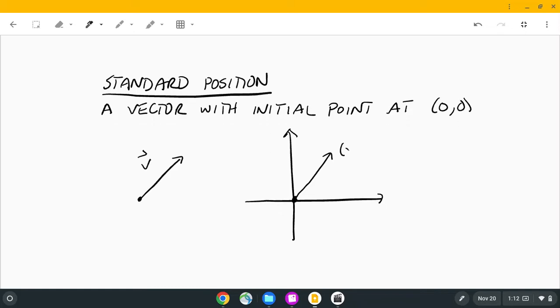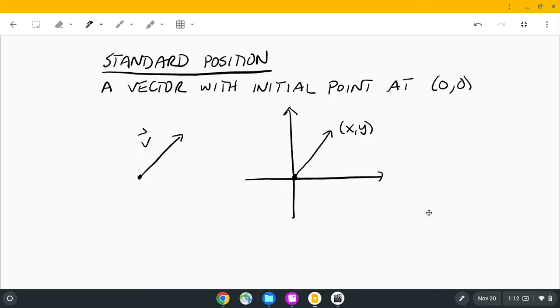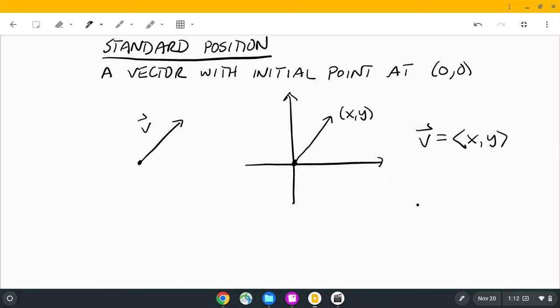And so now there is just this terminal point. And so here we can call this vector x, y. Okay, so that's the component form.